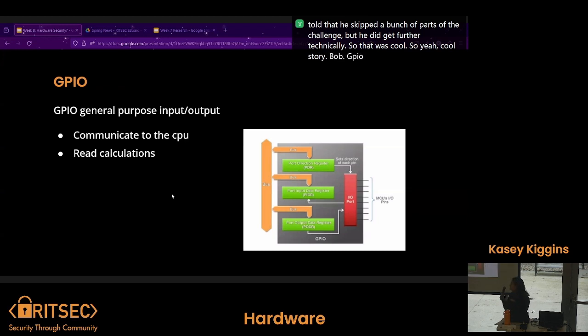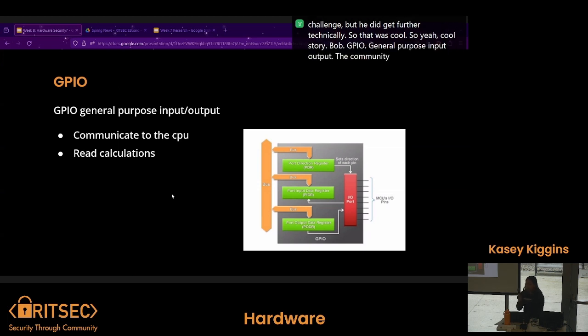GPIO, general purpose input output. They communicate to the CPU and read calculations. GPIO is an uncommitted digital signal pin on an integrated circuit that can be used as an input or output and is controllable by software. As an input, you can communicate on and off signals received from switches or digital readings, so you can force on and off into the device.